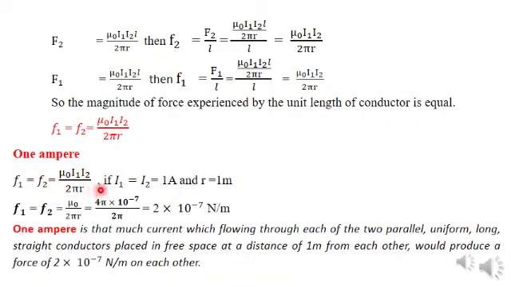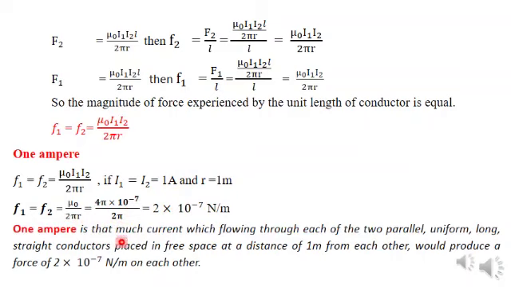If the currents I1 and I2 are both 1 ampere, and the distance between them r equals 1 meter, then force is mu 0 by 2 pi, but mu 0 is 4 pi into 10 raised to minus 7. So force per unit length is 4 pi into 10 raised to minus 7 divided by 2 pi, which equals 2 into 10 raised to minus 7 Newton per meter.